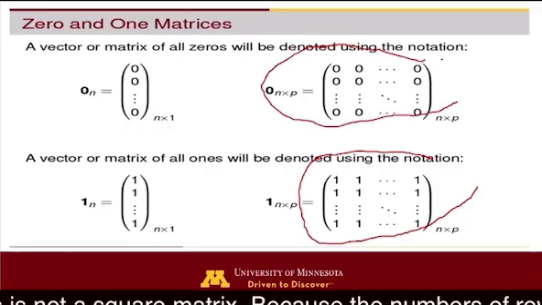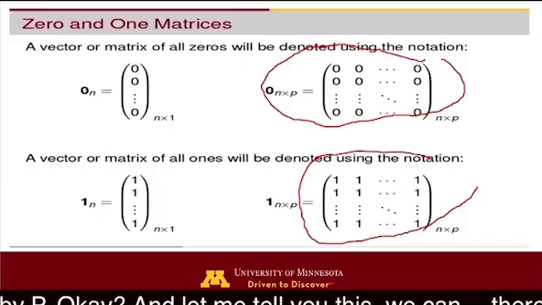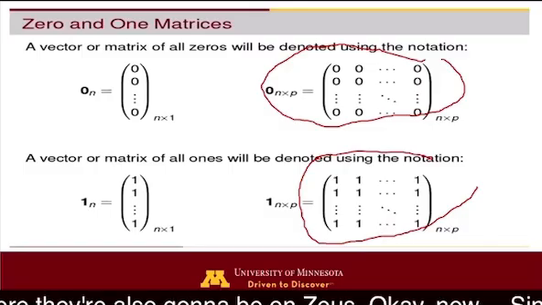This is not a square matrix because the number of rows and the number of columns are not the same. How do I know? They say n by p. And let me tell you this, we could have a square matrix where they all have zeros. We could have a rectangular matrix where they're also all zeros.